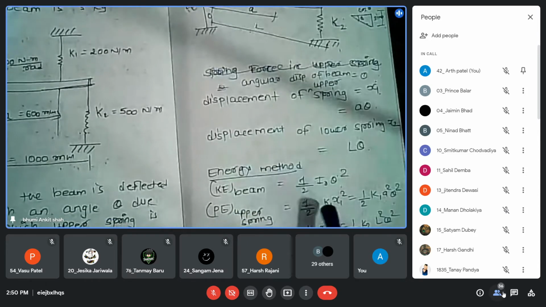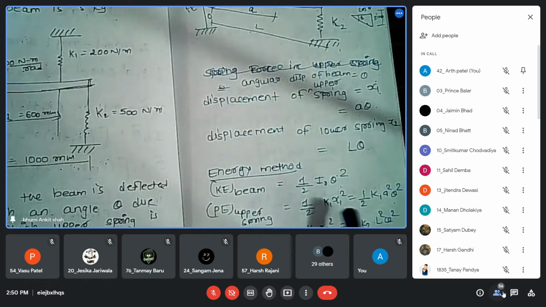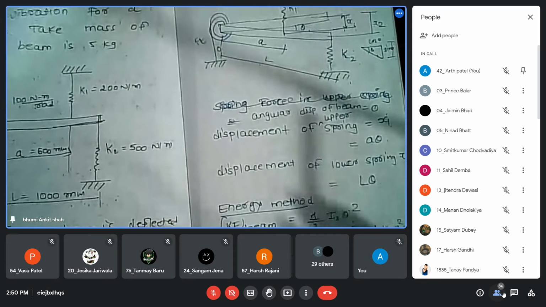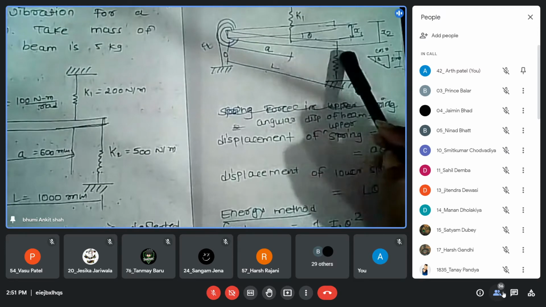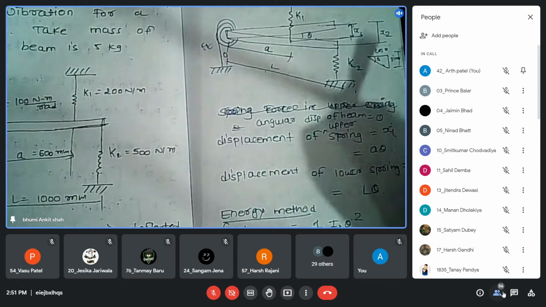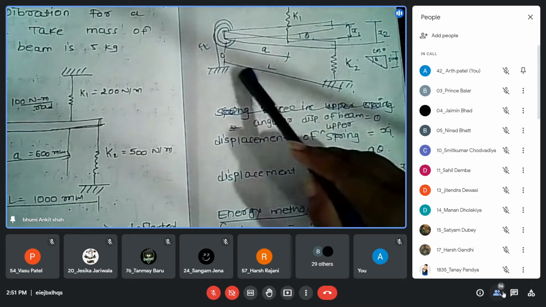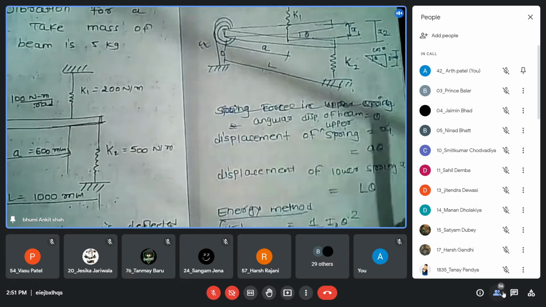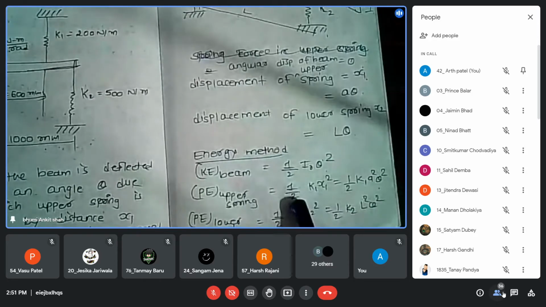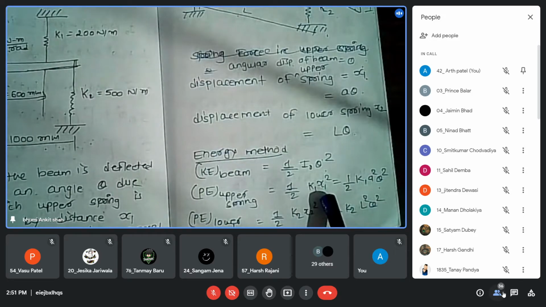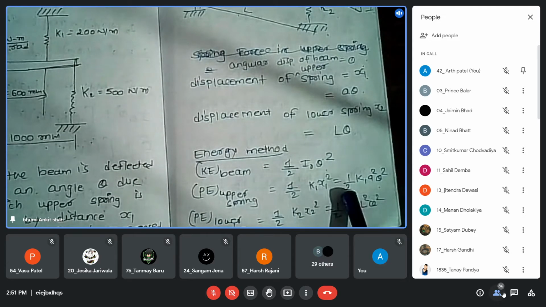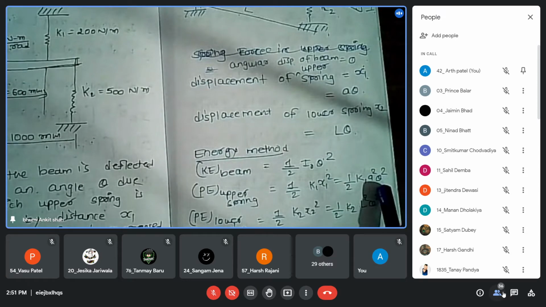So it is 1/2 K1 x1 square. What is x? Just now I explained x can be converted in terms of theta by using this triangle: x1 equal to a theta while x2 is equal to L theta. Right. So for the first spring you can write 1/2 k1 x1 square. Further it is 1/2 k1 a square theta square.